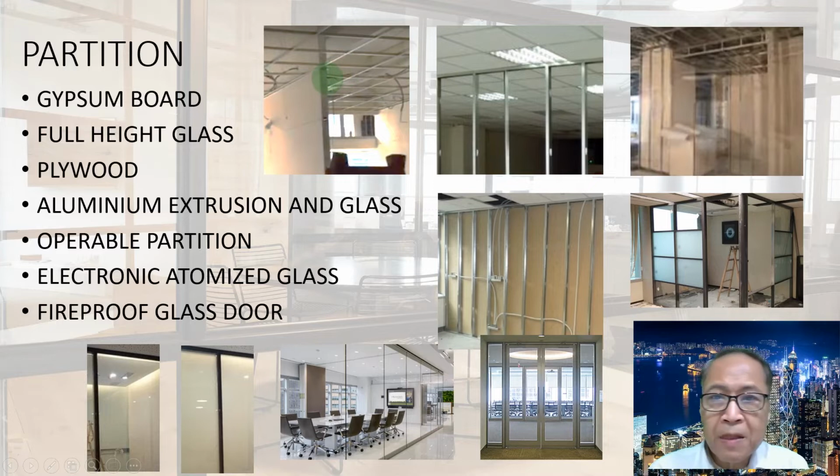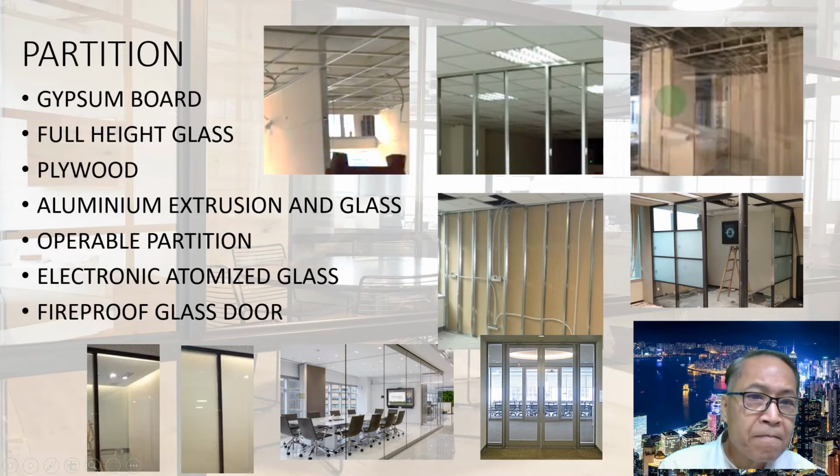But if you make the false ceiling yourself, you can erect the partition all the way through the ceiling and reach the concrete ceiling like this. So these are two different constructions. You see the ceiling bumps into the gypsum board partition here. So it's a different design.